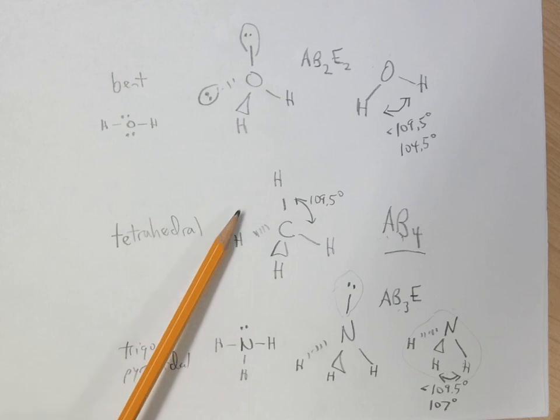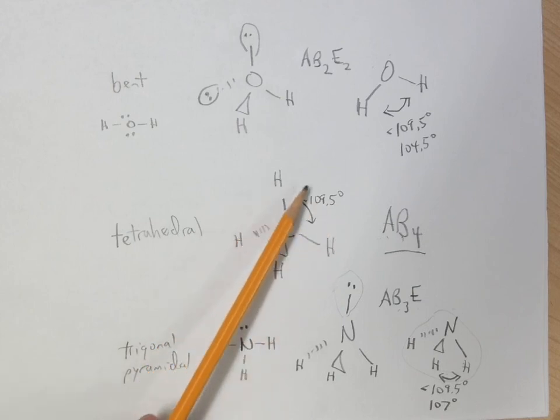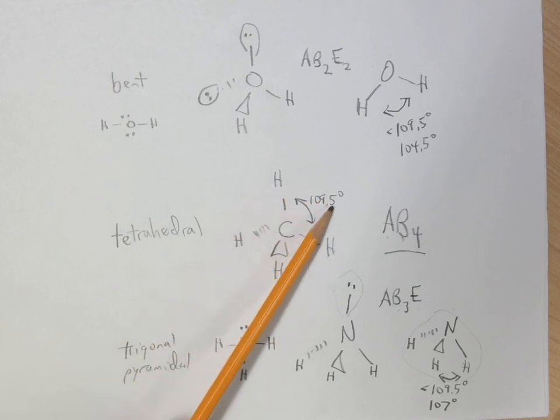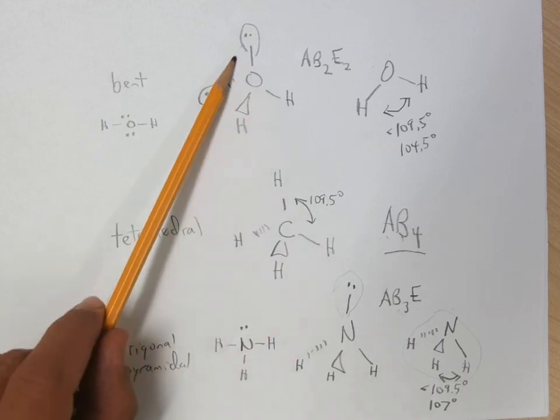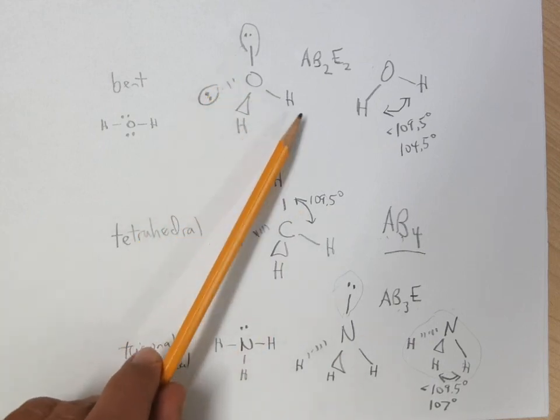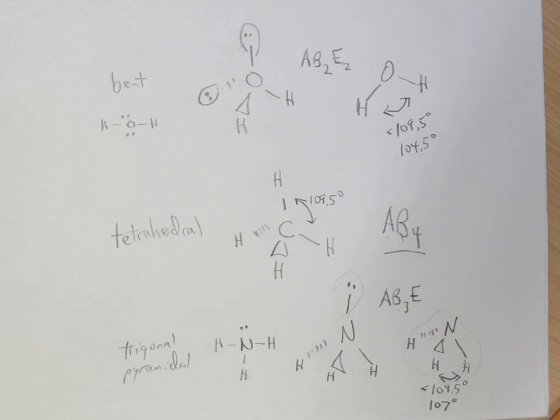So no lone pairs, you get a perfect tetrahedron, and that's the shape of the molecule. A lone pair is invisible, pushes the atoms closer together, down to 107, and then two lone pairs pushing those hydrogens closer together, we go down to 104.5.